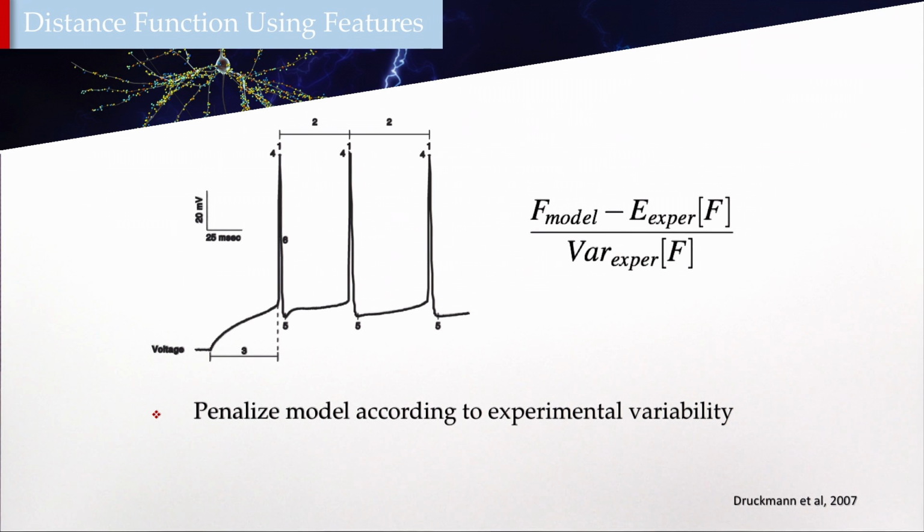The second aspect is that suddenly the distance function is no longer in arbitrary units, but in multiples of the standard deviation. So you can say that your model for this feature is within one standard deviation of the experimental variability. Suddenly the distance between your model and the experimental trace is something you can interpret.